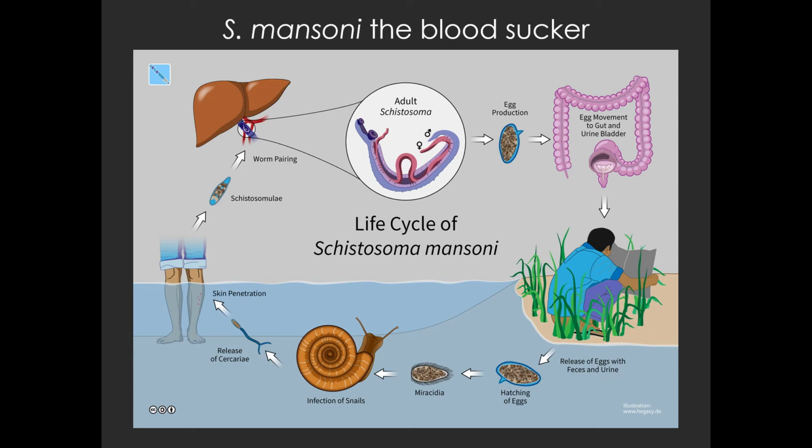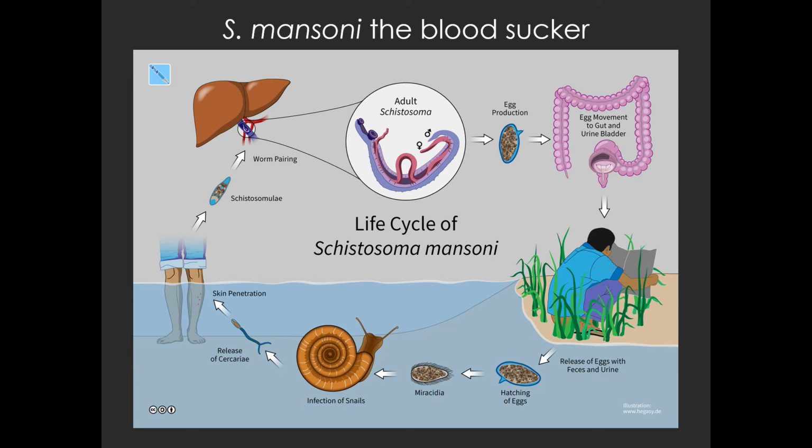So the adult worms live in the hepatic circulation, and they get there within about 15 days of infecting a person, and if they find a mate, they will sexually mature and migrate as a pair to the mesenteric veins where they will produce eggs, and those eggs will be released in the gastrointestinal tract and the urinary bladder.